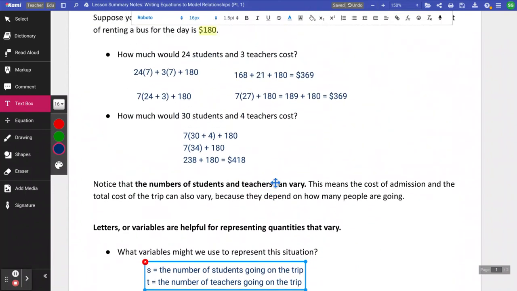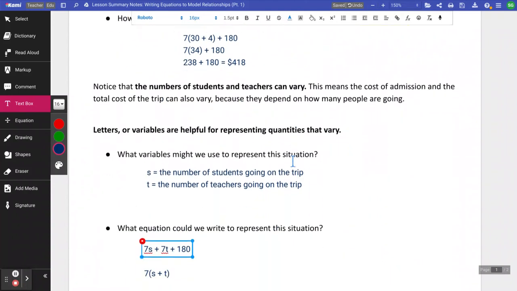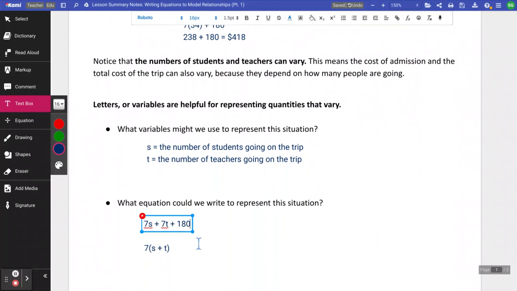If I come back to my calculations, I was never multiplying that 180 by anything. It was just that fixed price of the bus. So that 180, that number would be by itself. We don't need a variable showing I'm multiplying it by something. If your equation looks like the second one here, it would also have that plus 180 in it.